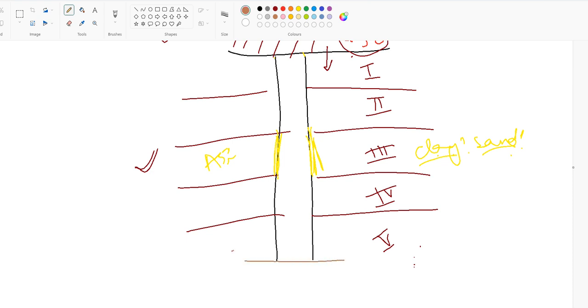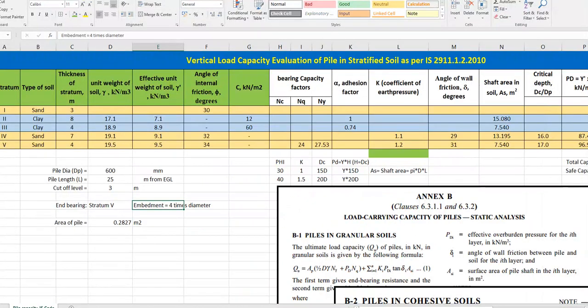This is 25 meters. After this, your pile has to go inside stratum 5 up to 4 times the diameter of the pile, or 5 times the diameter of the pile, depending on the stratum 5 properties. If it is a stronger stratum, you can go a little less. If it is weaker, you have to go a little higher. This is all about the pile vertical load capacity calculations.